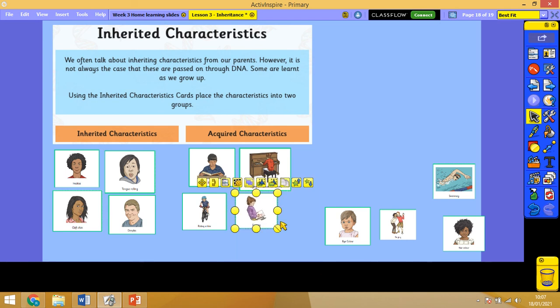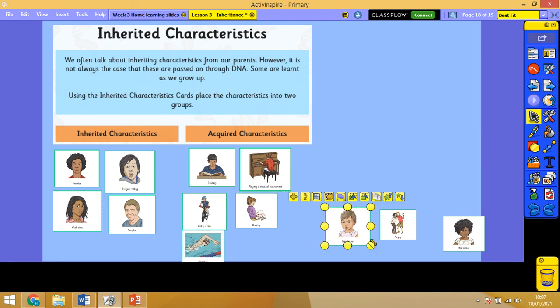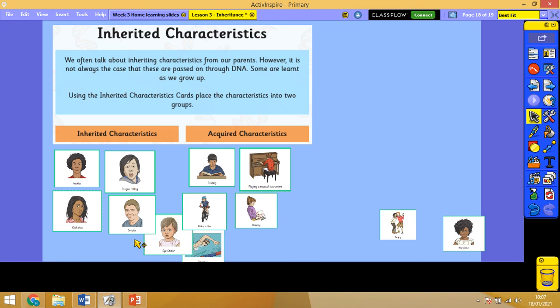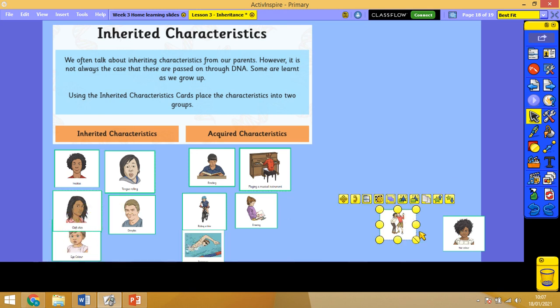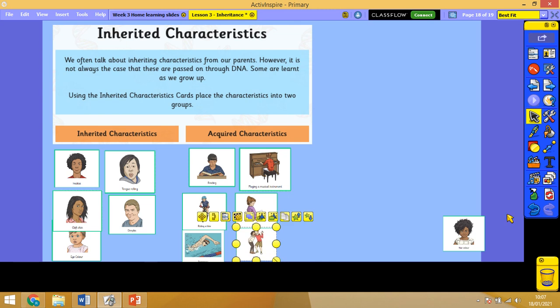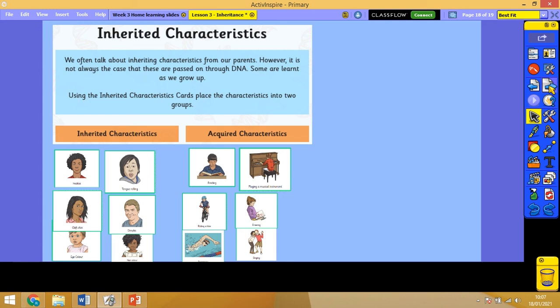Drawing, sorry. That is something that you have learned. Swimming is also something that you've learned. Eye colour is something that you get from your mum and dad, so it's inherited. Can't see what that one said. Singing is something that you learn as well. And hair colour is something that is inherited. Okay, so that's how they should look.